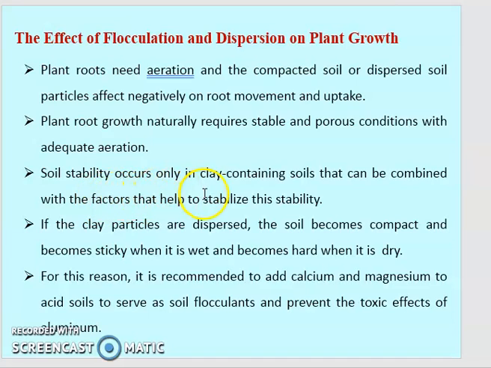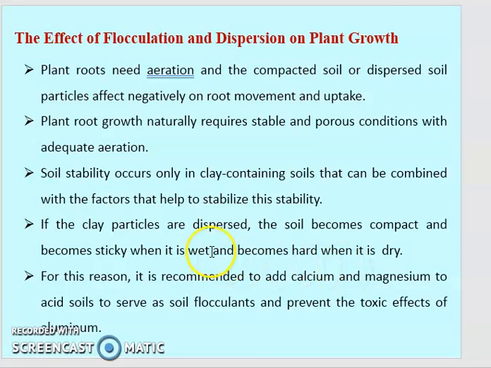Soil stability occurs in clay-containing soil that can be combined with factors that help stabilize it. If clay particles are dispersed, the soil becomes compacted and becomes sticky when it is wet and hard when it is dry.